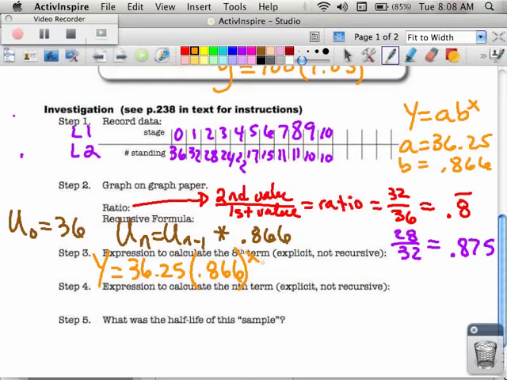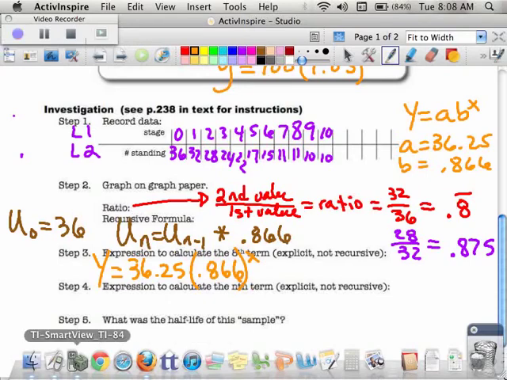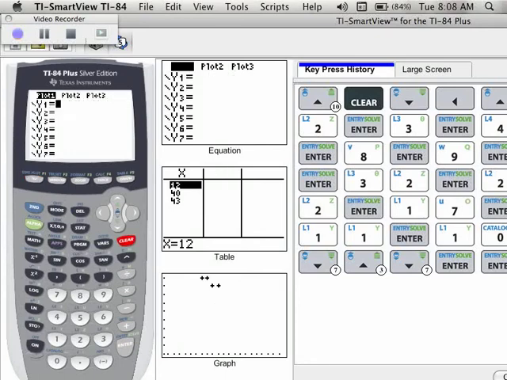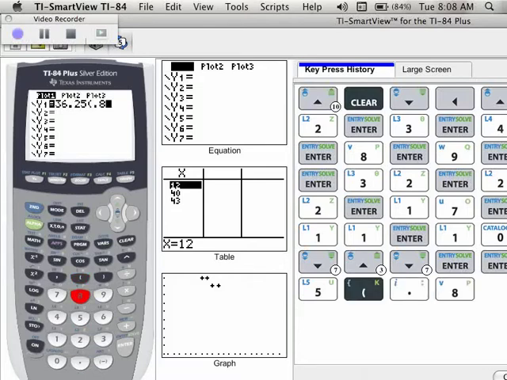In step 3, it says, find the 8th term using this equation. So not what actually came out of my table, but let's go look in the calculator and see what happens. So now I go to my calculator, and in my y equals, I'm going to type that in. 36.25 parentheses 0.866 parentheses to the x power.